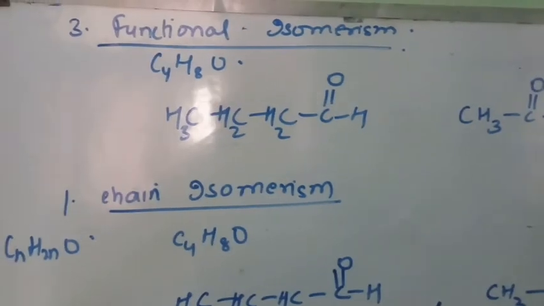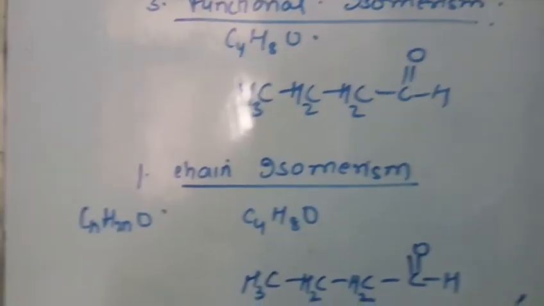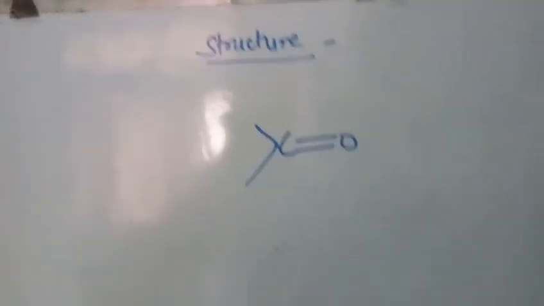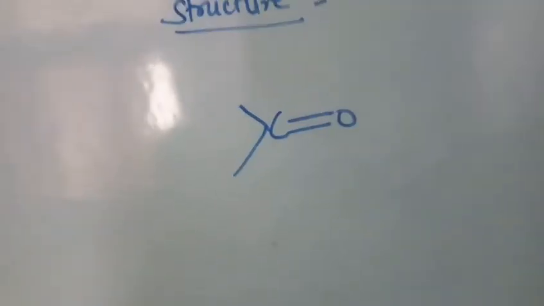Next I will come to the structure of the functional group, that is the carbonyl group or carbonyl compounds. You know that in the carbonyl compound, the carbon is attached to the oxygen by a double bond, and when there is a double bond, the carbon is sp2 hybridized.